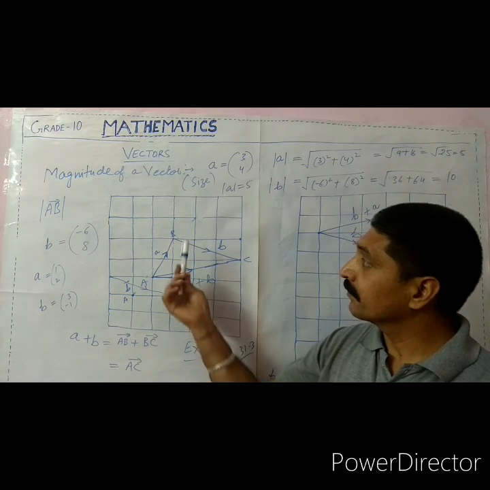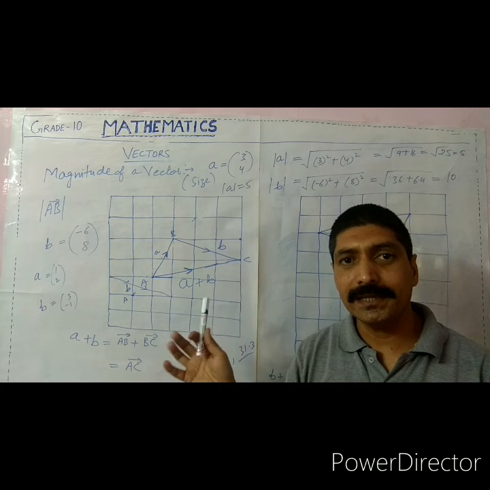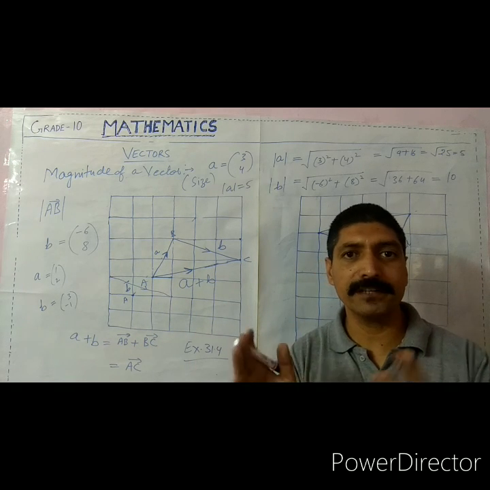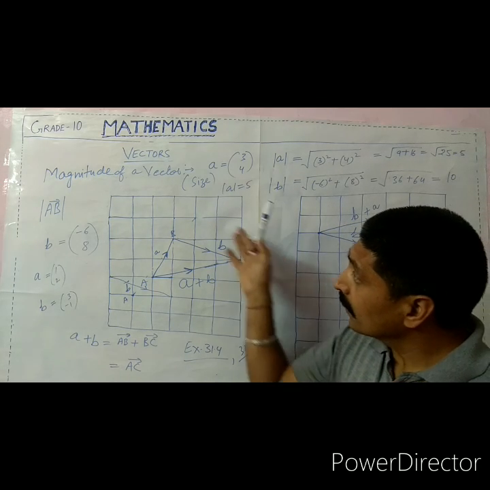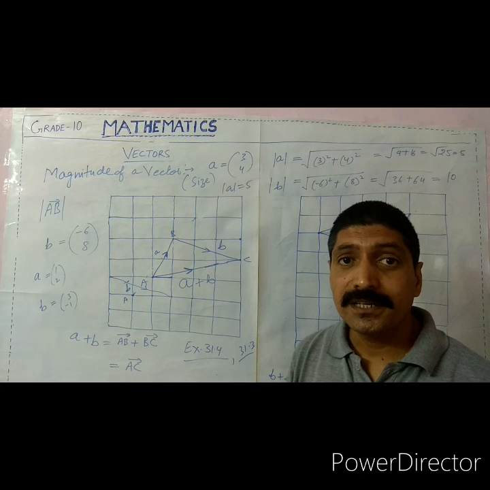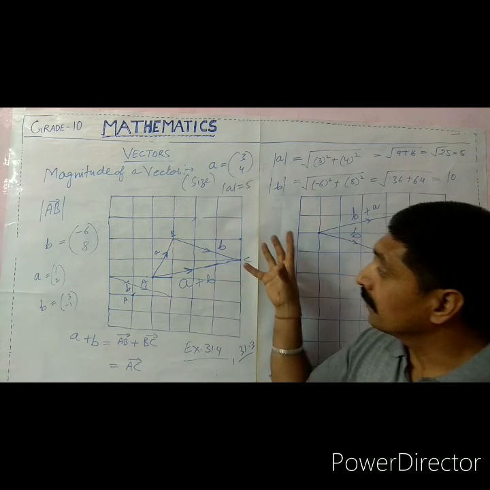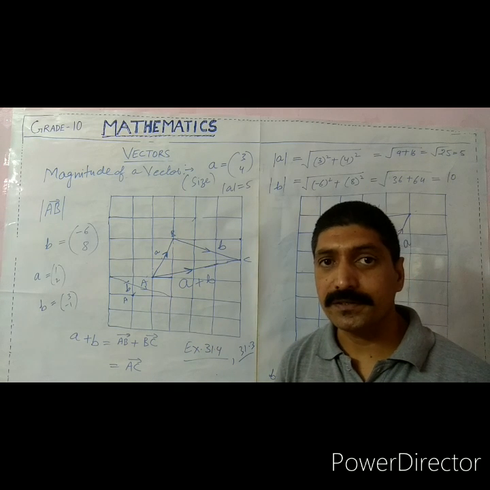In that, in various figures we will apply these concepts of addition, subtraction of vectors, negative of a vector, and magnitude of the vectors, and we will solve various questions by applying the knowledge of vectors.